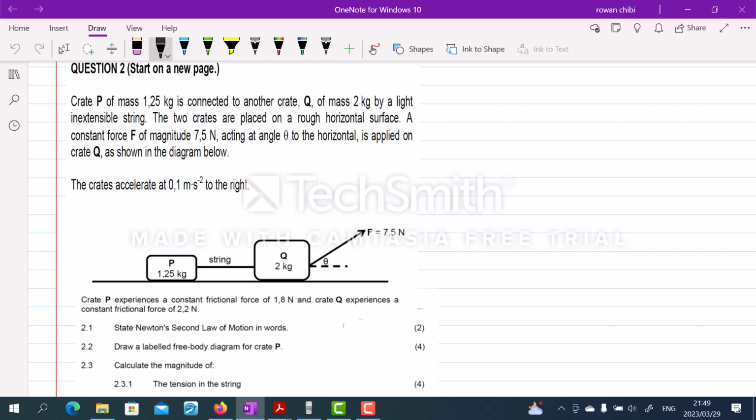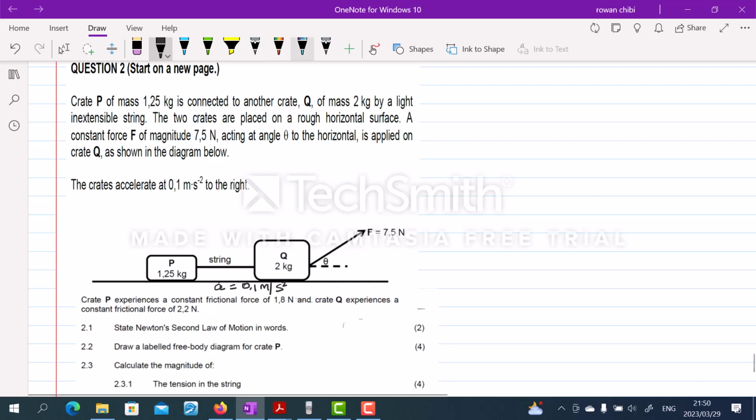So this is the acceleration, 0.1 meter per second square. And then they say crate P experiences a constant frictional force of 1.8 newtons.